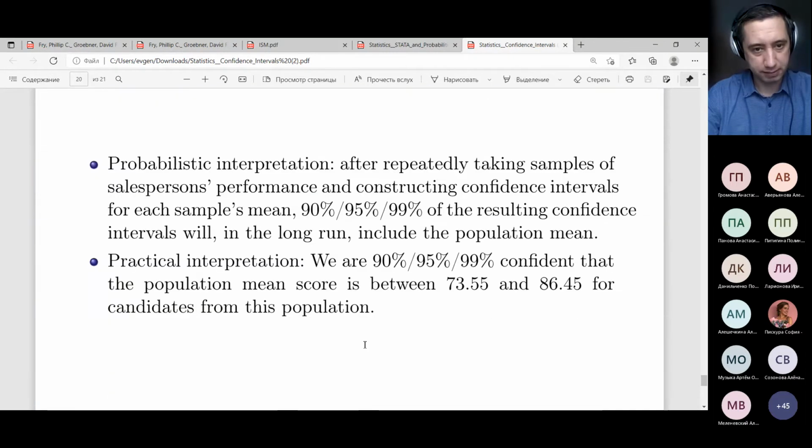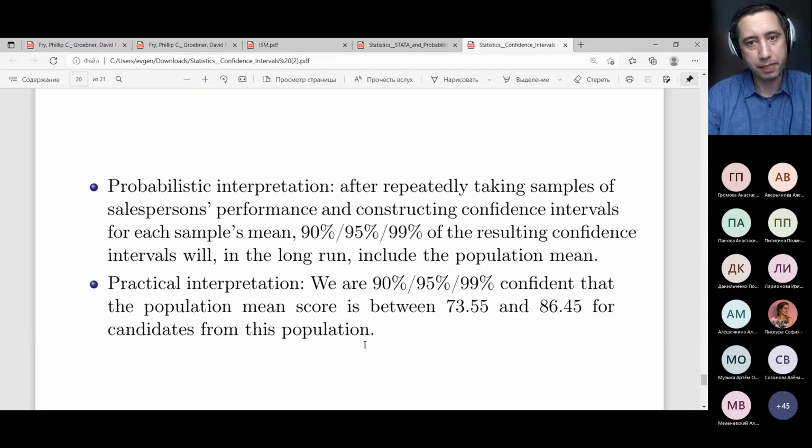Yeah, and the last piece, interpretation. Remember that interpretation of confidence intervals requires knowledge of these two approaches. First approach, probabilistic interpretation. After repeatedly taking samples of salesperson performance and constructing a confidence interval for each sample mean, you have to say the confidence level of the resulting confidence intervals will in the long run include the population mean.